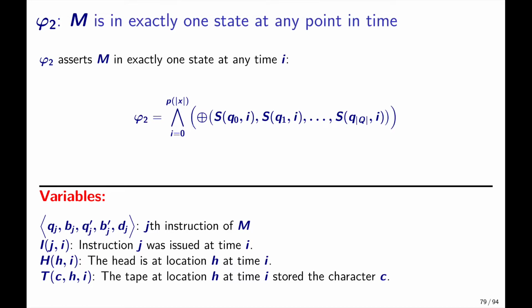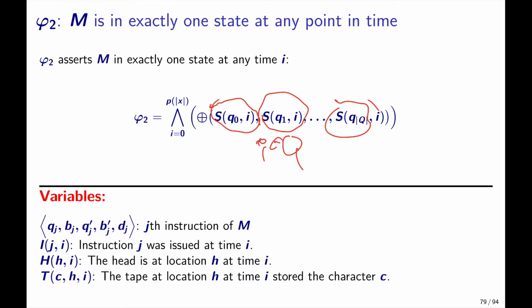Now let's do the second formula. At any given point in time, the machine is in only one state, right? So C_q0,i says the machine is at state q0 at time i. So we go over all the possibilities, over all the states q in Q. For each one of them, we write the variable S_q,i.